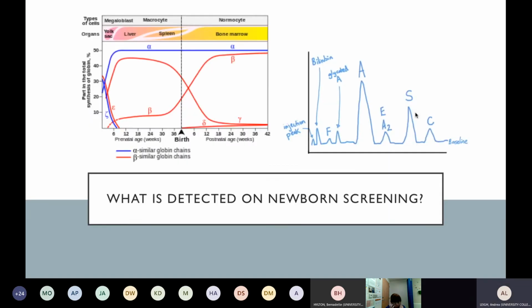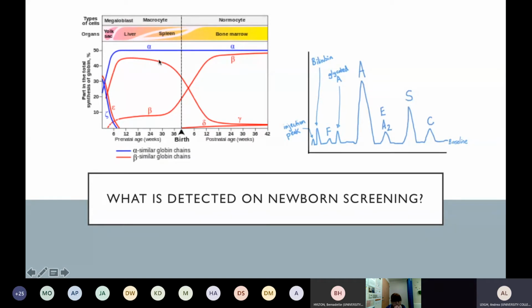I'm not sure how much of this is of interest and relevance to you, but I think this is helpful to see and understand a bit about the transition for babies. So this graph on the left shows which globin chains are produced when they're in the womb. So this is in utero, and you can see not many beta globin chains being produced, but the gamma globin and the alpha.